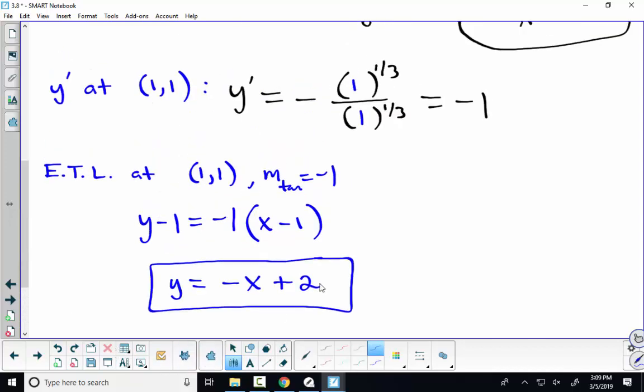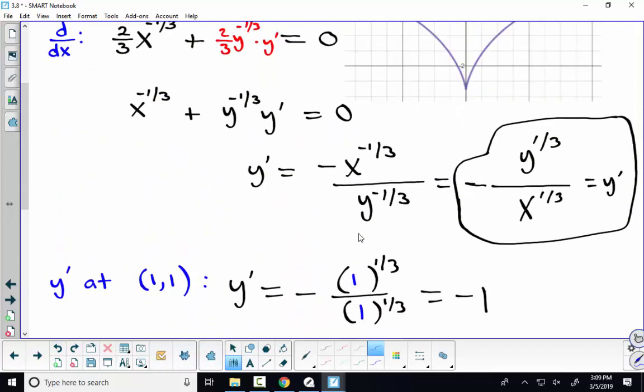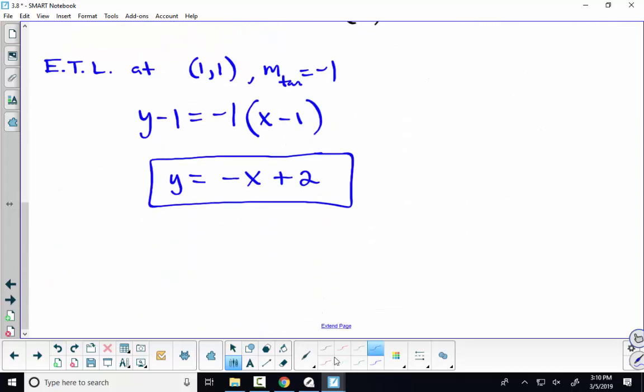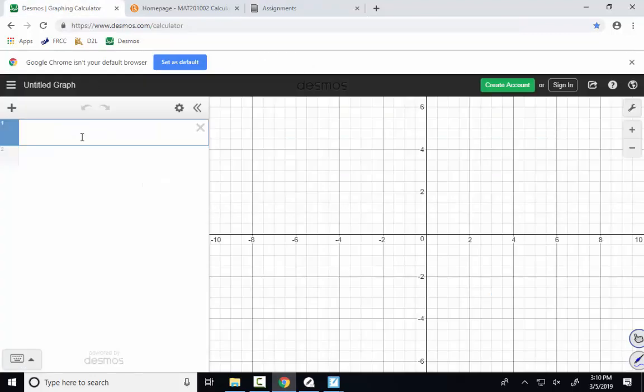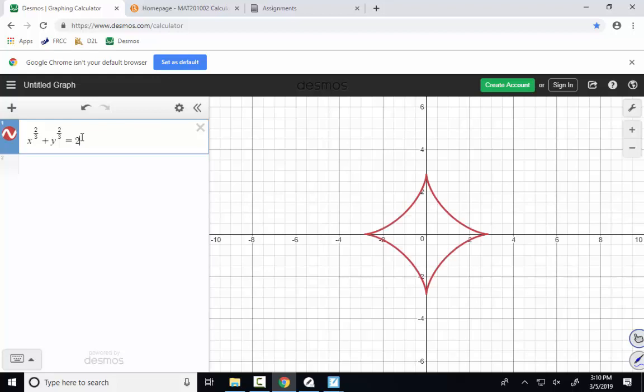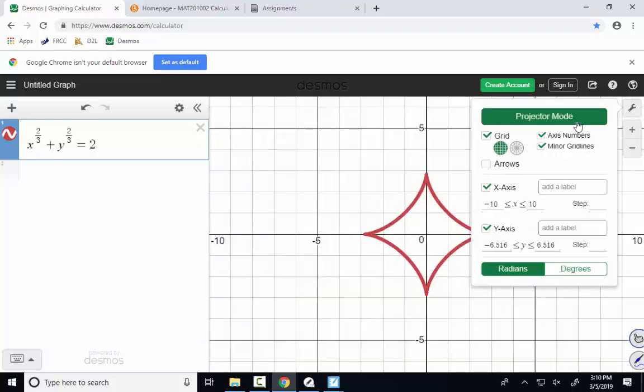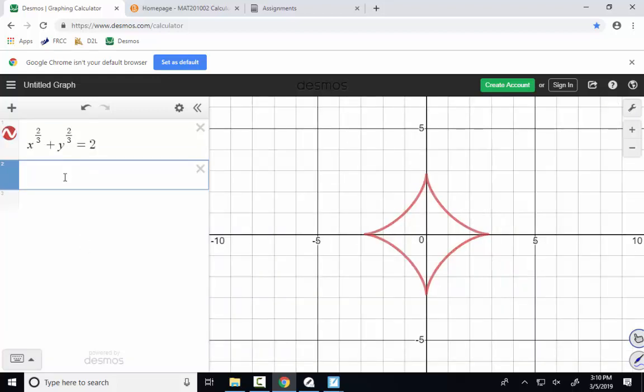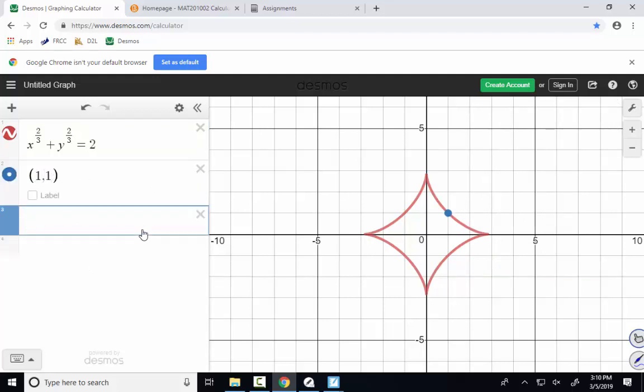Any questions on our process here? Okay, so there's a point where our tangent line was negative x plus 2.